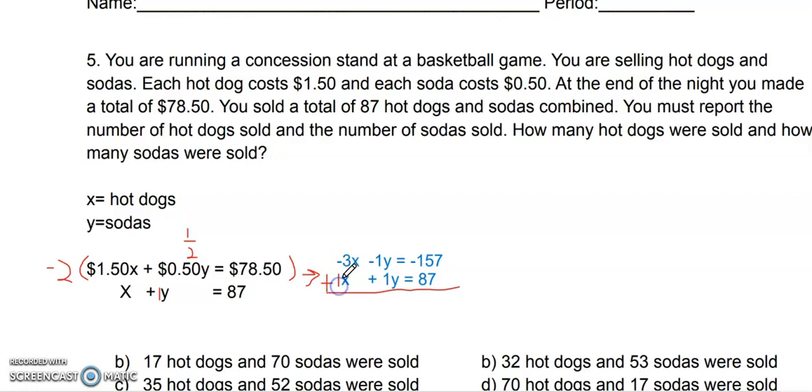So this is the same thing as 1x, so -3x minus 1x becomes -2x. My y's eliminate, and then I have -157 plus 87, which equals -70.